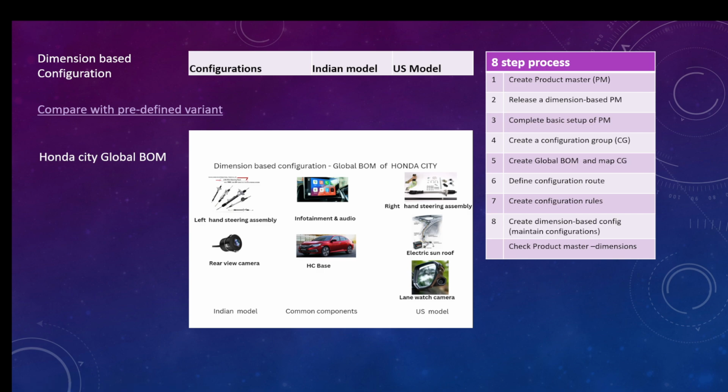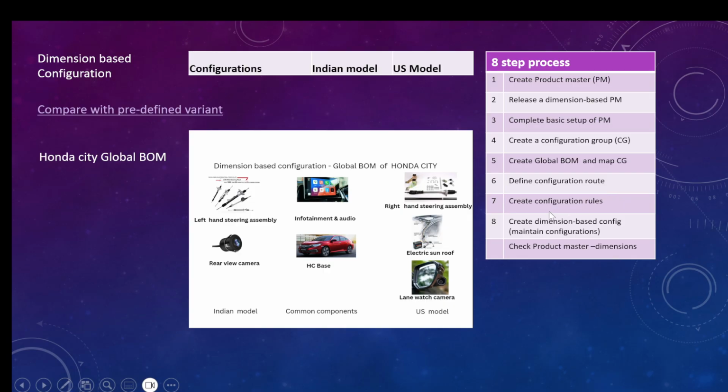So what is a configuration group? I should create a configuration group called Indian model, US model, and then assign it to these components in my BOM list accordingly. And then the sixth step is to create a configuration route.